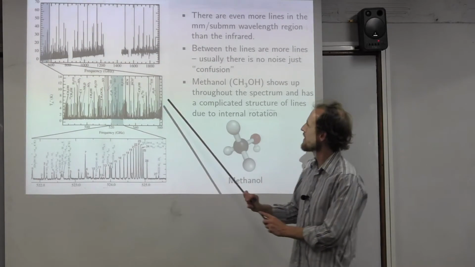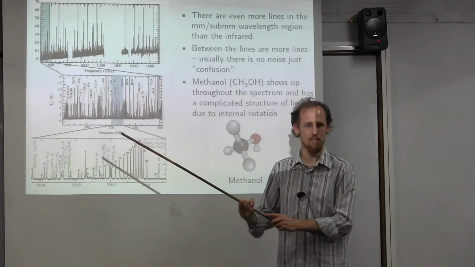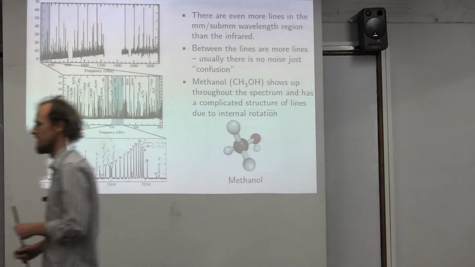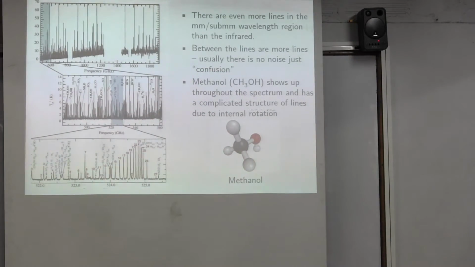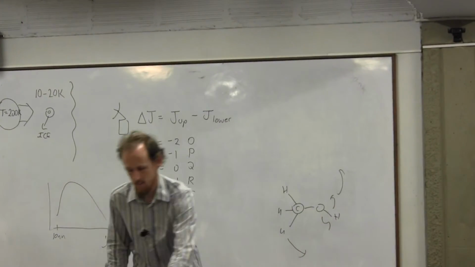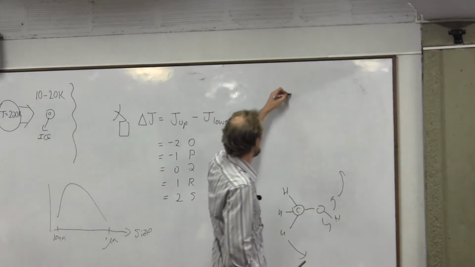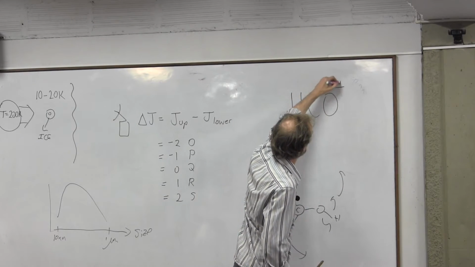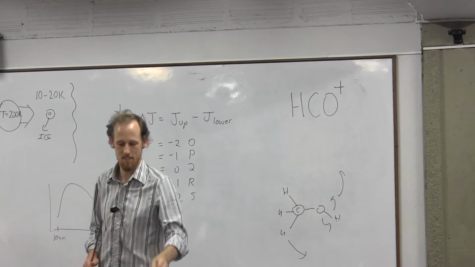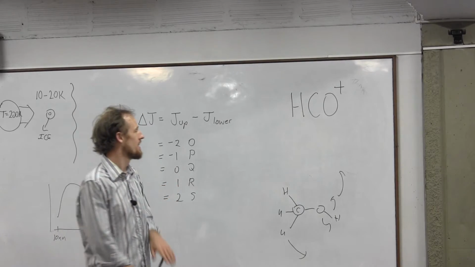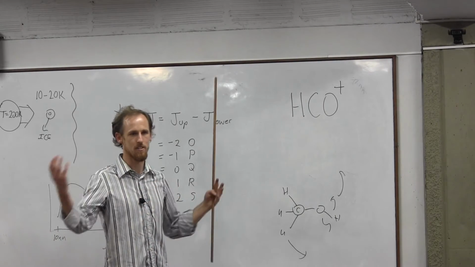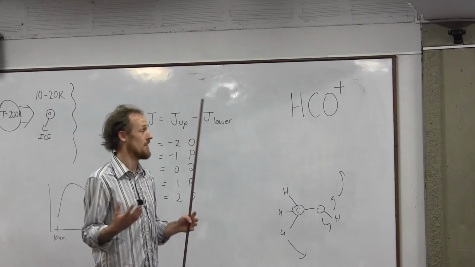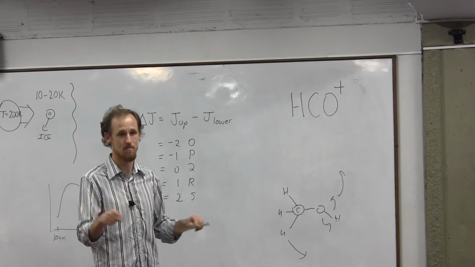This one you probably can't see yet. That says HCO+. Okay, so this one is strange because it has a positive charge. One electron is missing from the molecule. So that makes it reactive with its environment.